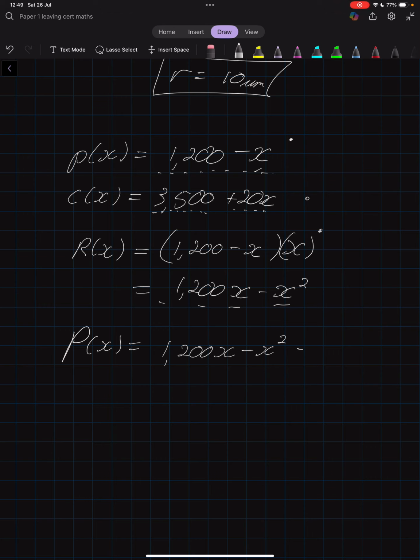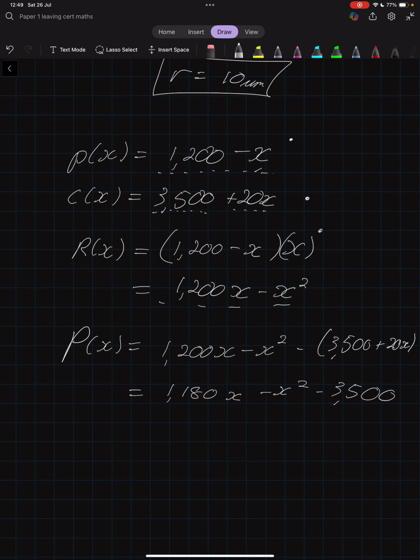So this is the cost of producing X of them. So it's not the cost per one, it's the cost of all of them. Okay, so it's just minus 3500 plus 20X. So I get that it's going to be 1,180X minus X squared minus 3,500. That's my profit.